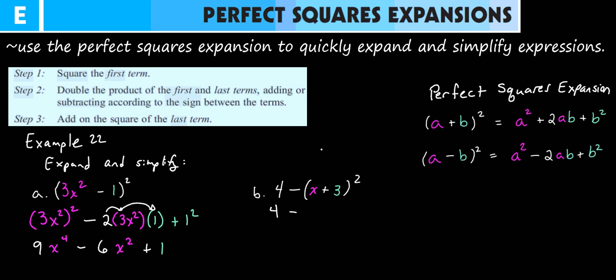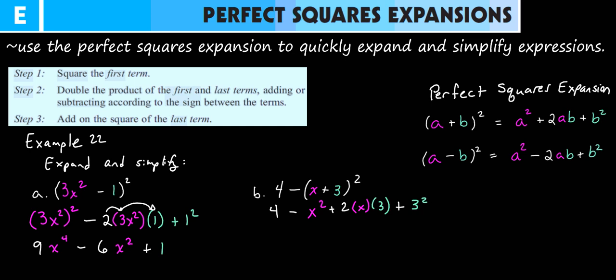4 minus, okay, square the first term, x squared. Borrow that operation, so plus double the product, so x and 3, and then add the square of the last term, so 3 squared.